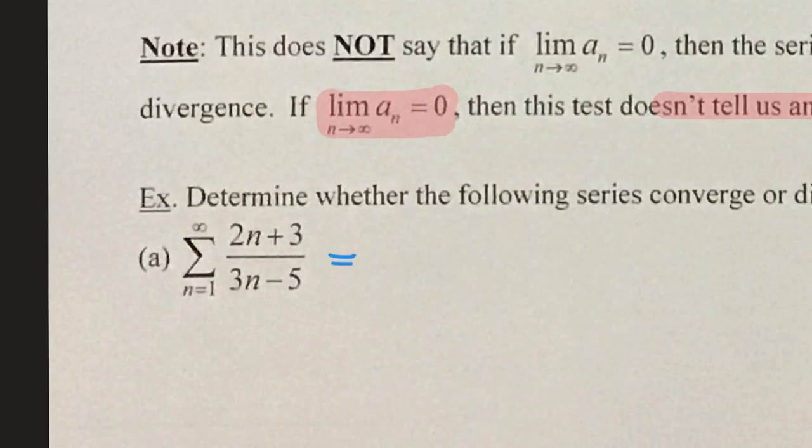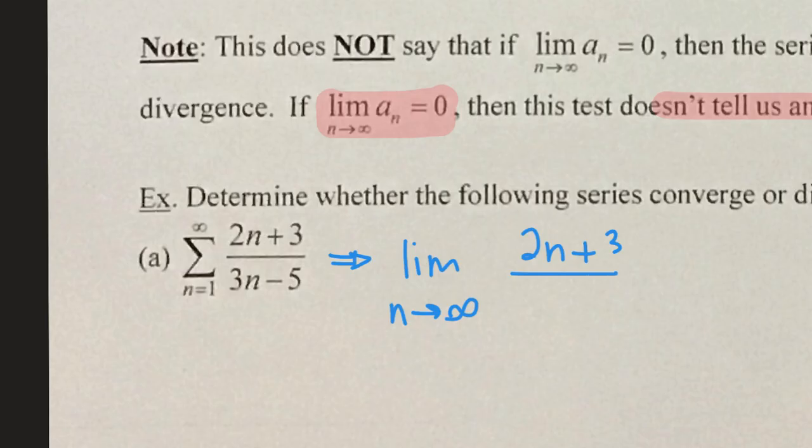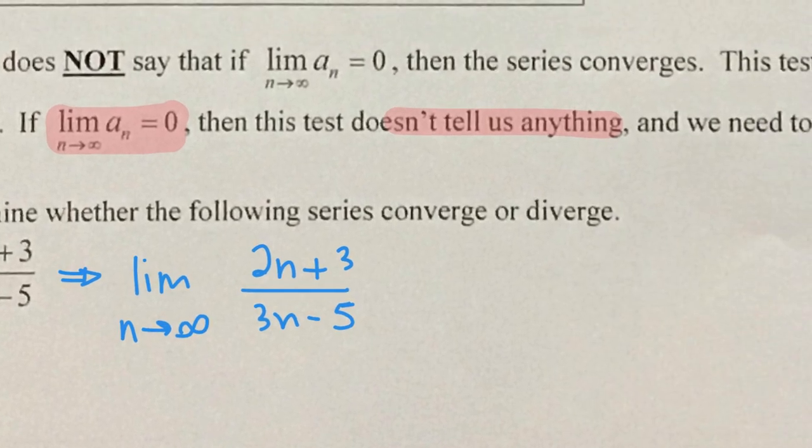Okay? So looking at this one, we had one similar to this yesterday. In order to decide whether this converges or diverges, we take the limit as n approaches infinity of our function. For infinitely large numbers, if we plug 2 times infinity over 3 times infinity, well, that's infinity over infinity. Okay, so we're allowed to invoke L'Hopital's rule.